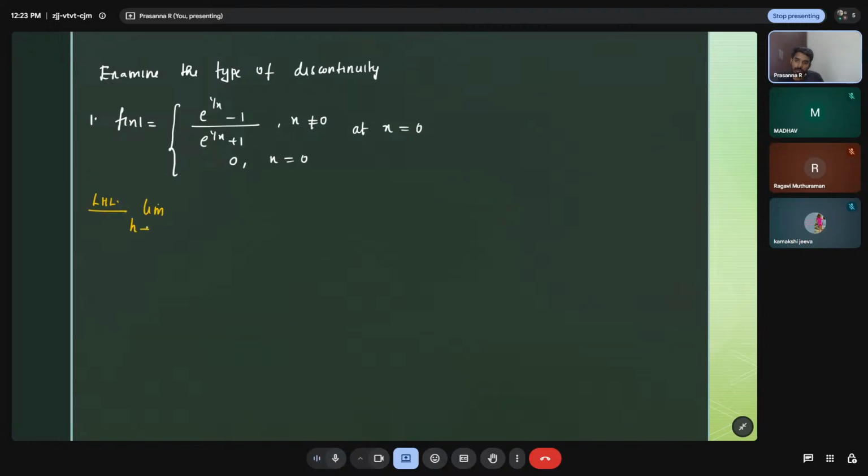So limit h tending to 0 of f of a minus h. This will be f of 0 minus h, so limit h tending to 0 of f of minus h, which is e power minus 1 by h minus 1 divided by e power minus 1 by h plus 1, right?